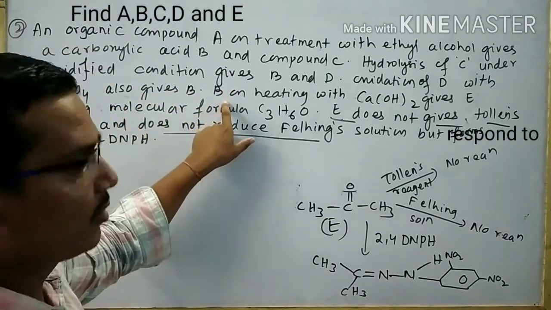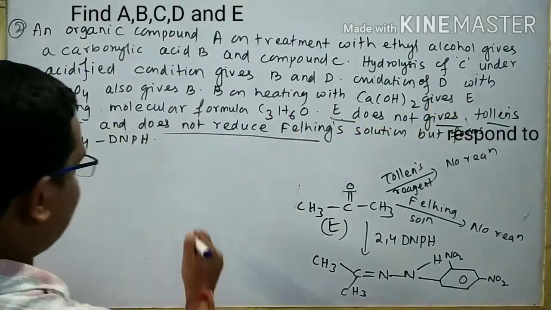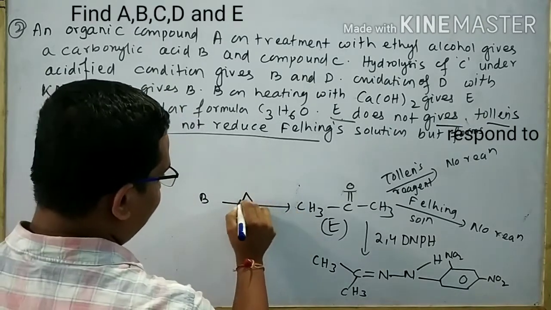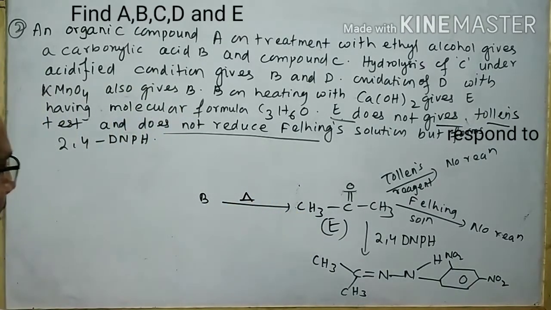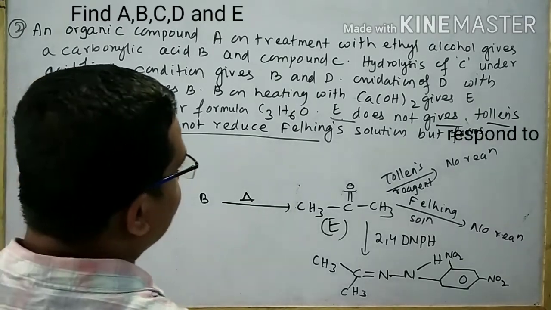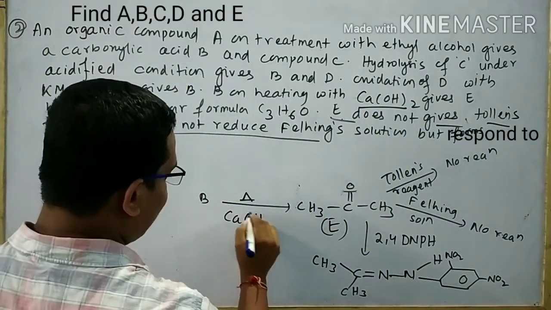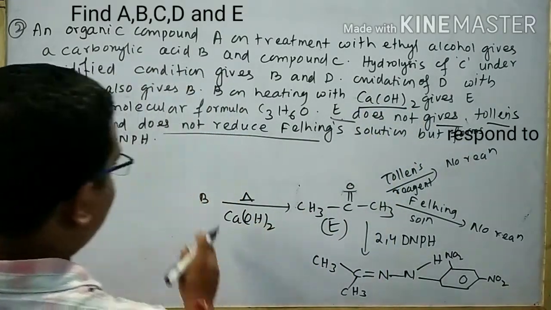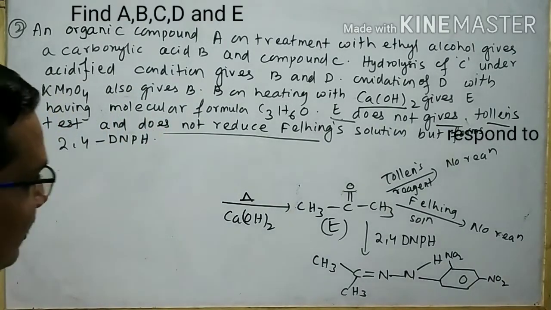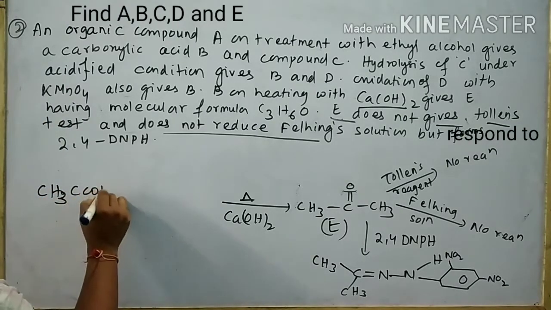B on heating with calcium hydroxide gives E. That means you can write B here and give heating. This can be done by dry distillation, because calcium hydroxide is given. So B must be a carboxylic acid, that means CH3COOH.